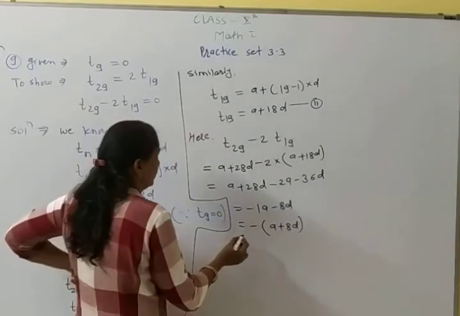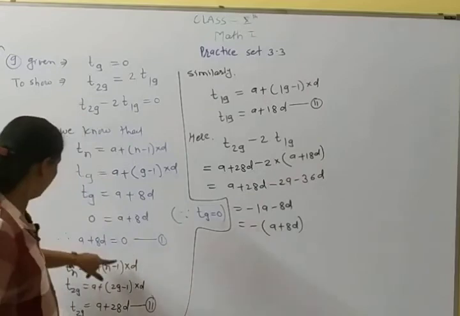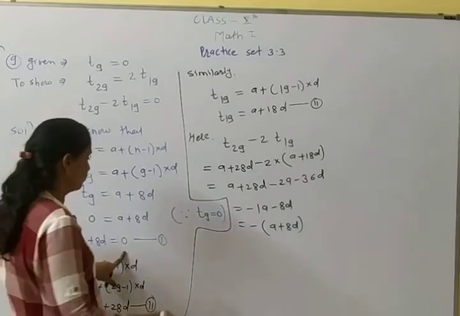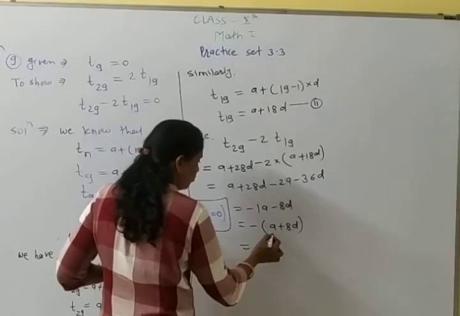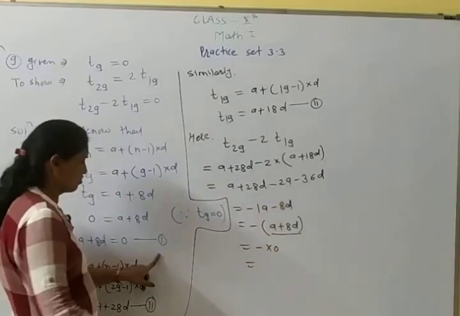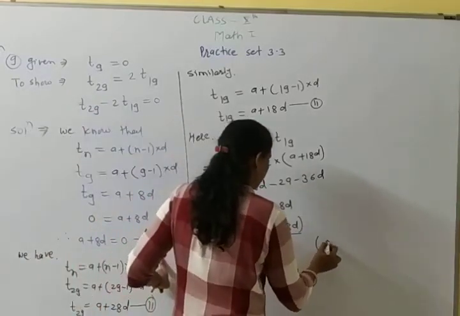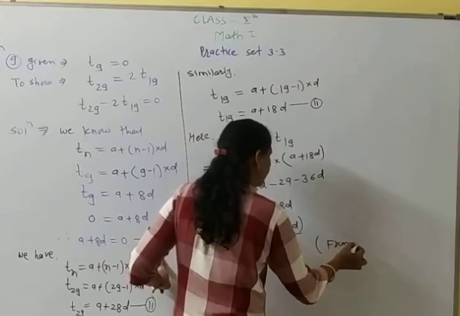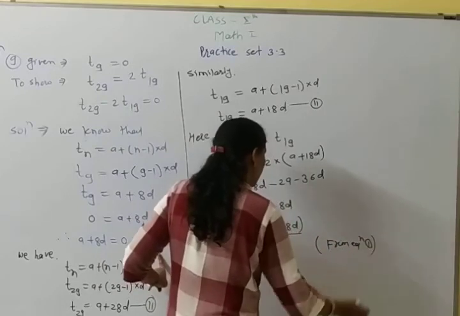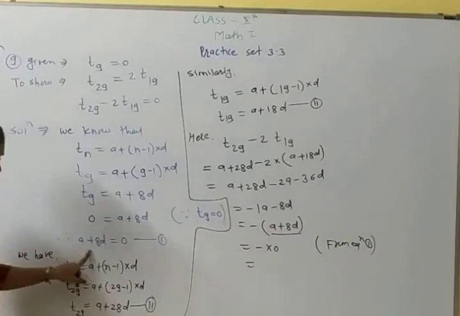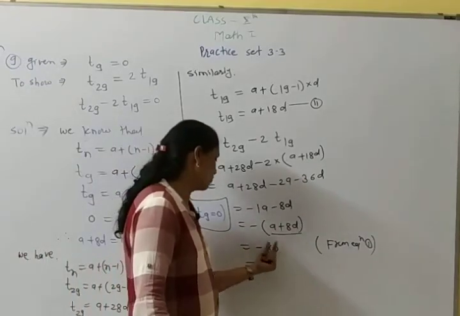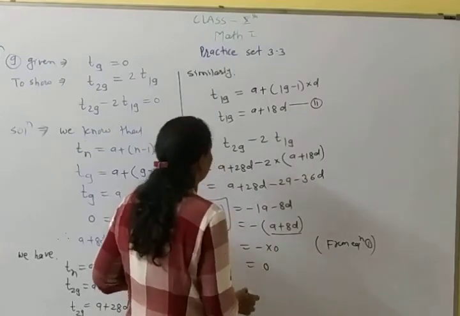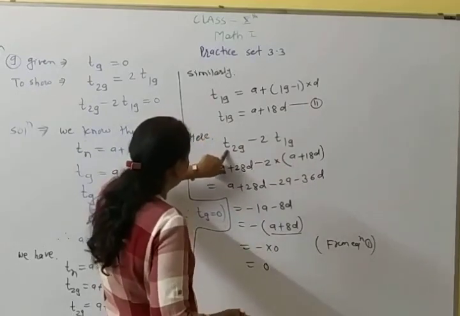Then from equation number 1, A plus 8D equal to 0, so minus into 0 equal to 0. Put A plus 8D equal to 0 from equation 1.